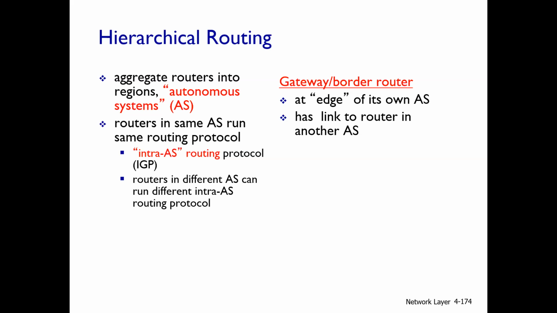So routers in the same autonomous system run the same routing protocol, and that is called an intra-autonomous system routing protocol, an IGP. Routers in different autonomous systems, of course, can run different intra-AS routing protocols, and then these autonomous systems are glued together at the edges through routers known as the gateway or the border routers.